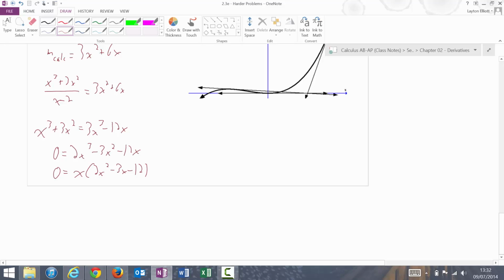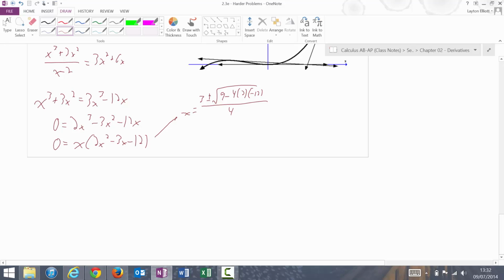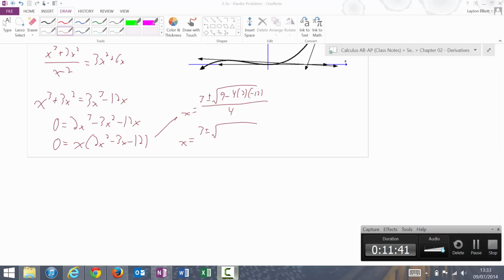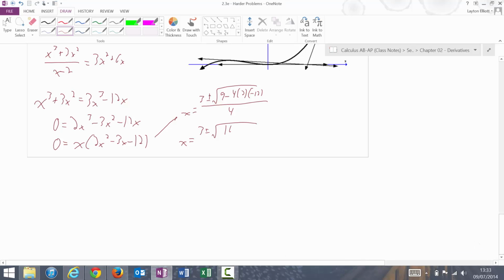So what I have to do is just use the quadratic formula. x equals the opposite of negative 3, plus or minus the square root of 9 minus 4 times 2 times negative 12, all over 2 times 2. So I get x is equal to 3 plus or minus the square root of 105, over 4.